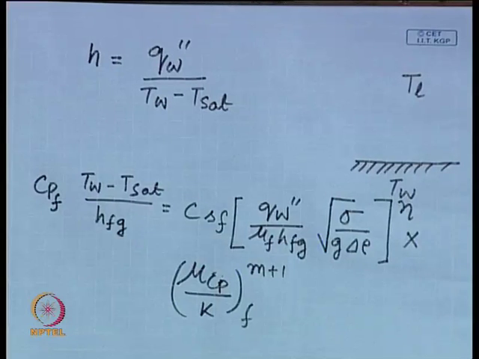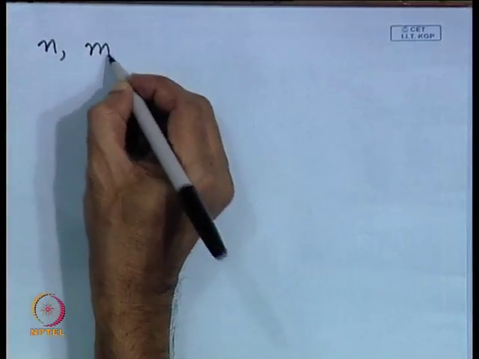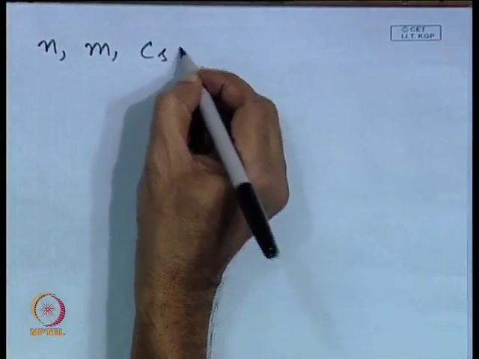Okay. And the unknown quantities in this particular equation are n, m and C_SF. So, these three factors are very important: n, m and C_SF.